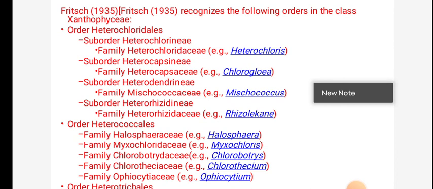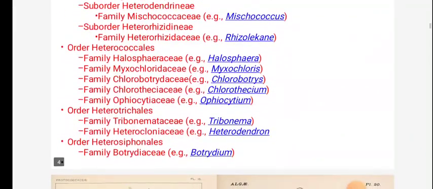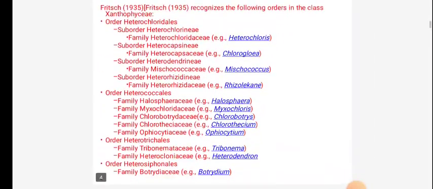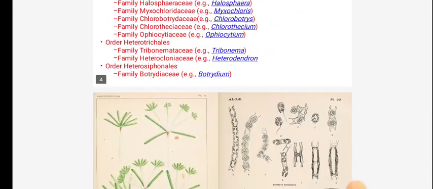Then Mischococcus, family Mischococcaceae. Then Heterorhizoidea, based on the genus Rhizolekane. Then order Heterococcales, with different examples: Haplospira, then Microchloris. Please remember all this given by Fritsch for the Xanthophyceae.